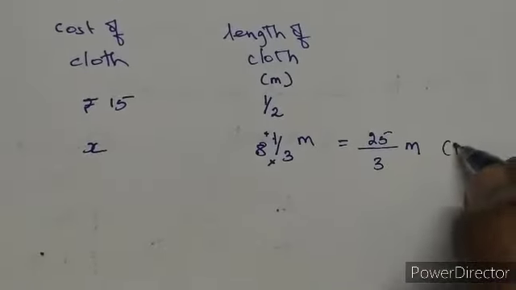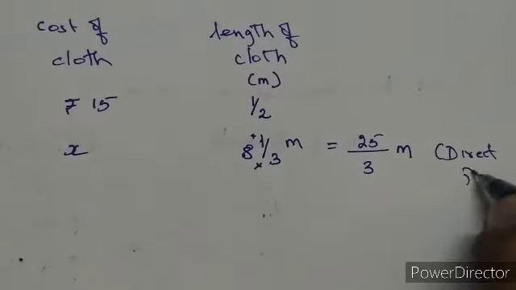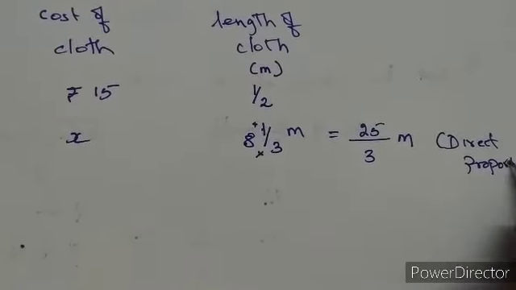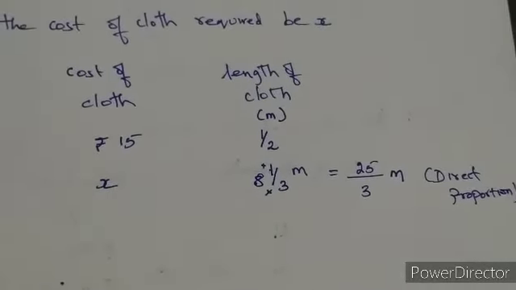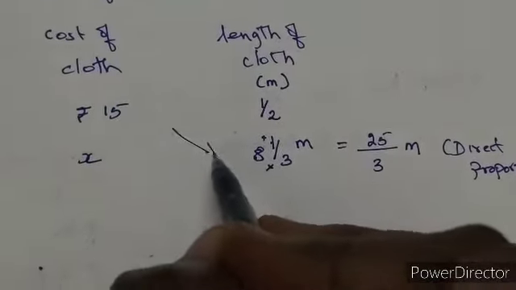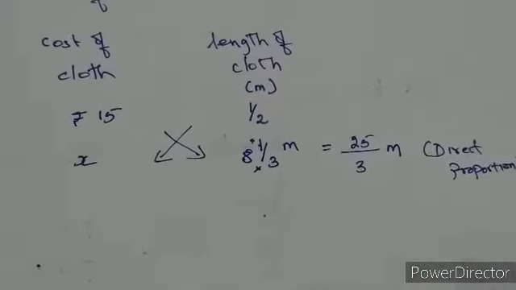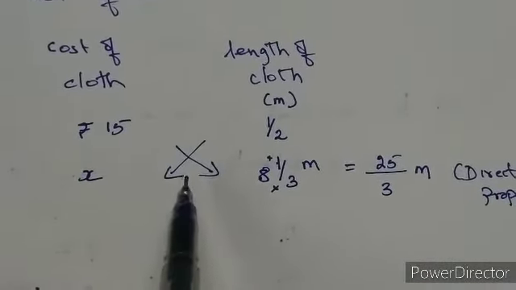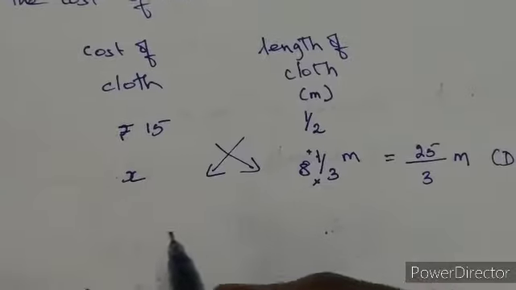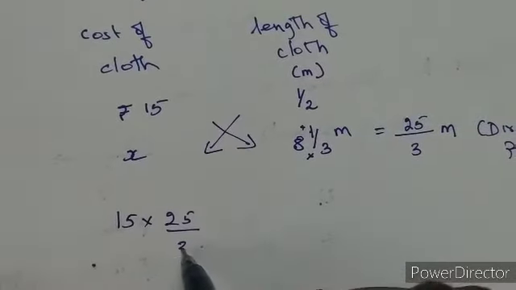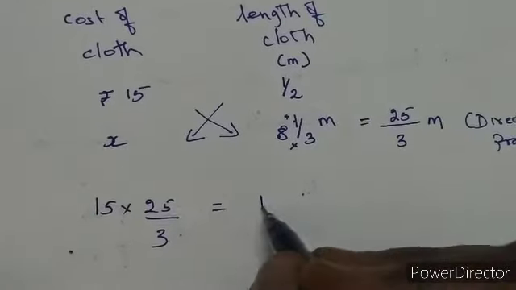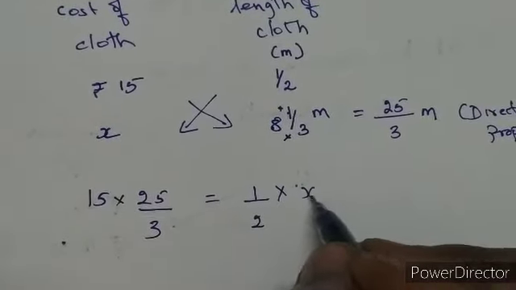Now it is a direct proportion. For more cloth, you have to pay more. So we can do the cross multiplication. 15 into 25 divided by 3 is equal to half into x.